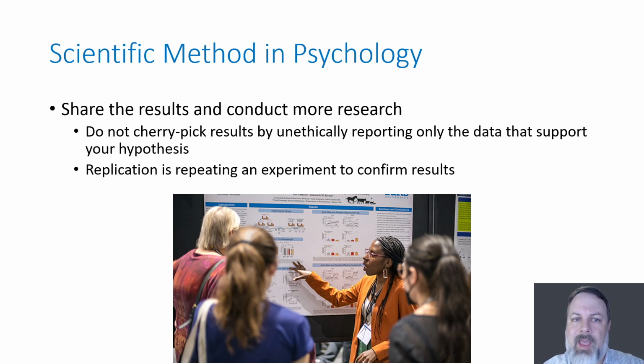And not something that's scientific misconduct, but just by dumb luck, a person can either find an effect or fail to find an effect. And it has nothing to do with anything that they did. It was just simply bad luck. So it's always important that we have replications.